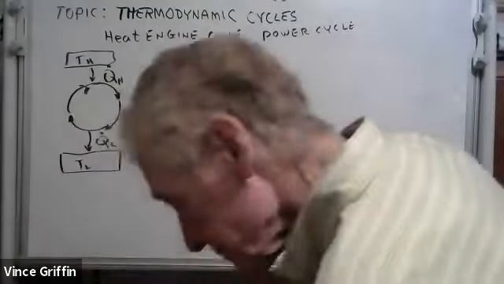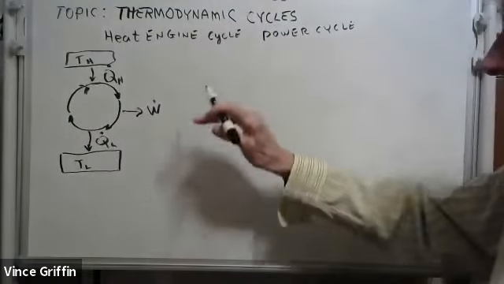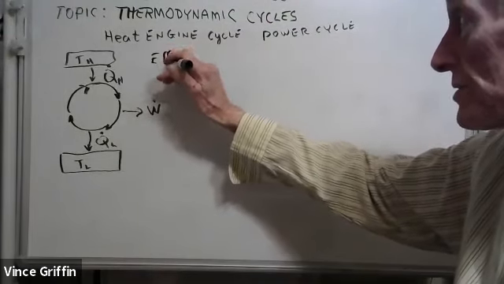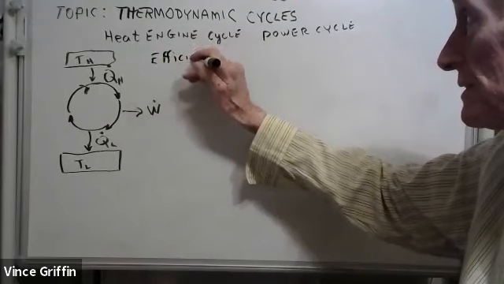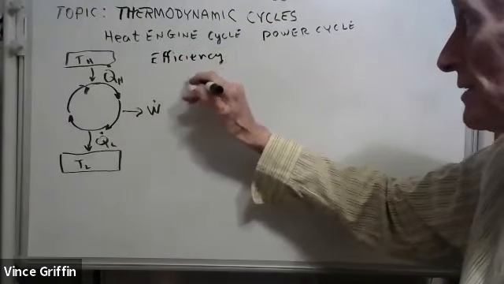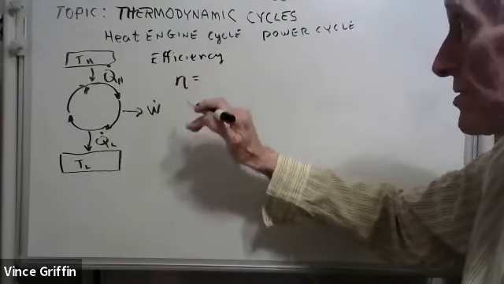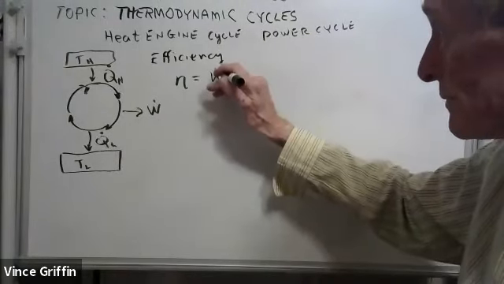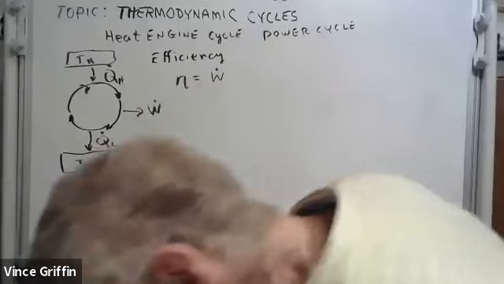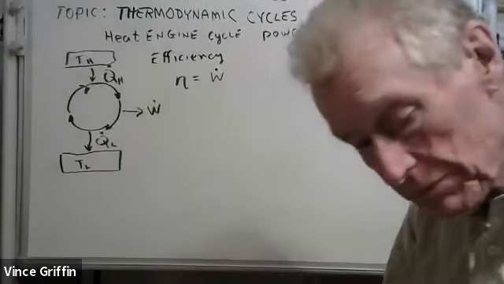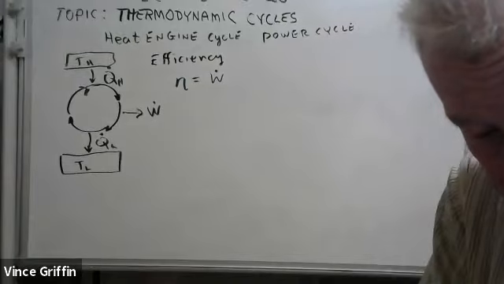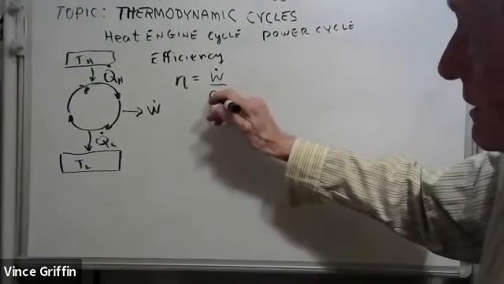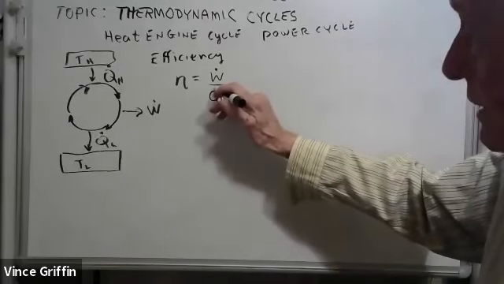Now they have an efficiency. Heat engines have efficiency. And it's something you desire, namely the power. That's why you have it. You want to provide power, and then you divide by something that costs usually money.